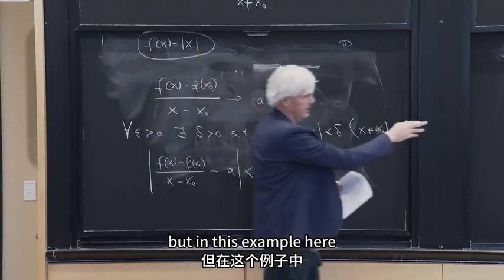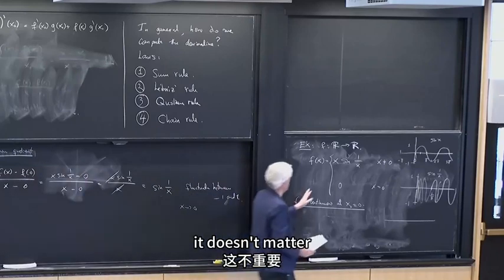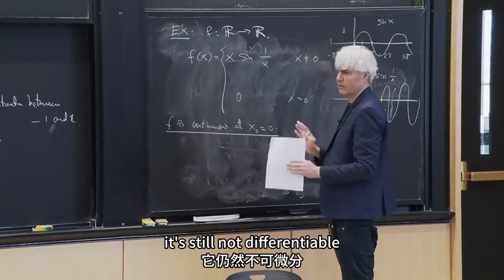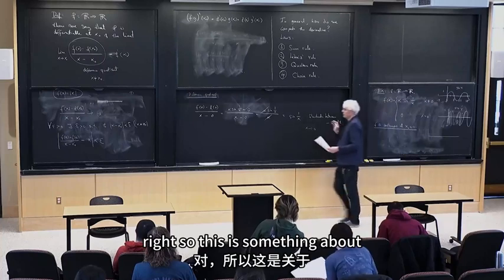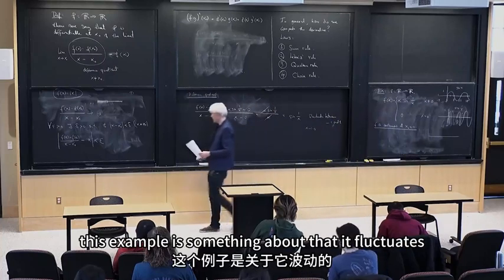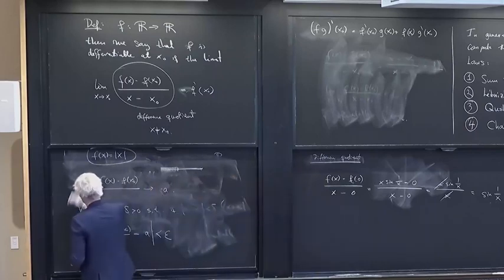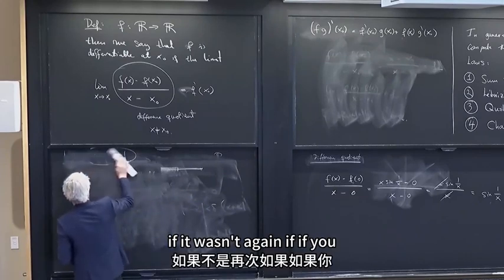But in this example, it doesn't matter if you restrict the interval to just the right or the left, it's still not differentiable. This example fluctuates wildly, and that is causing it not to be differentiable.